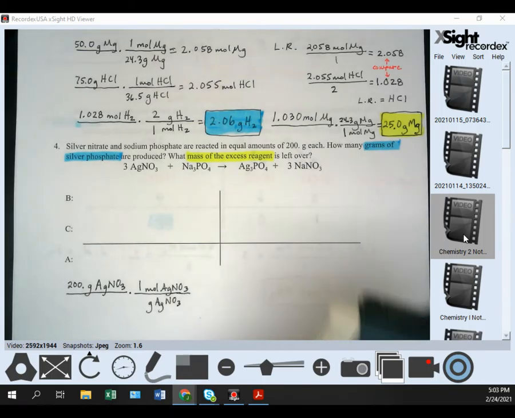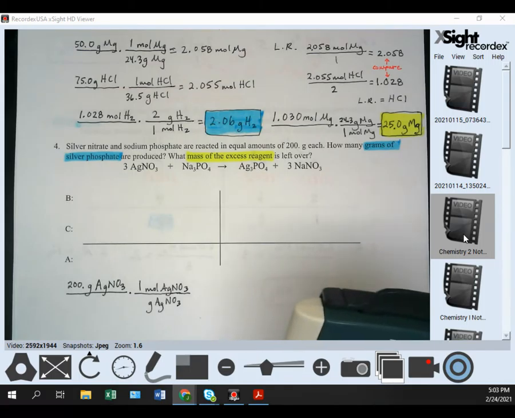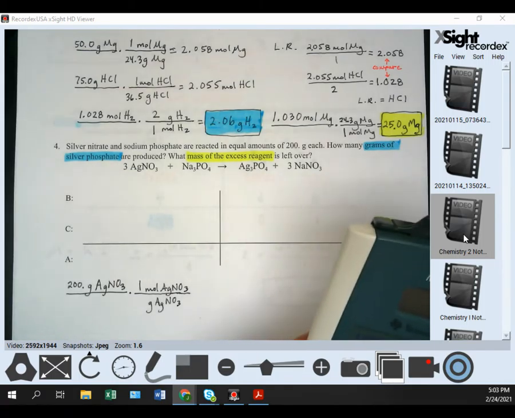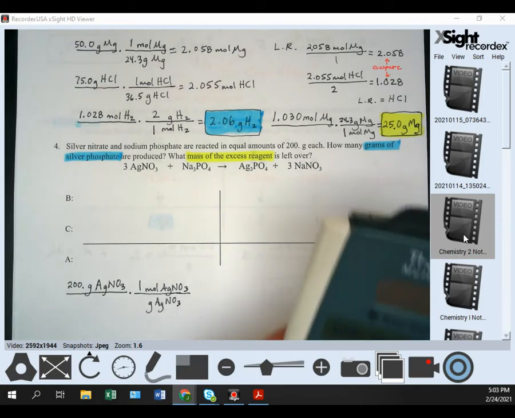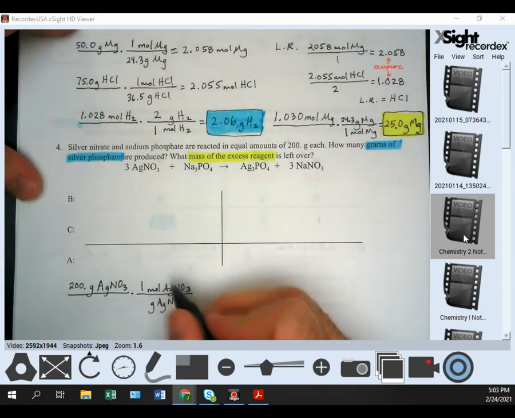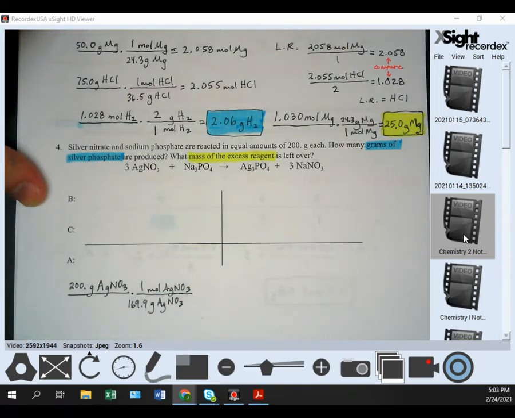Okay, so this is silver, there's one of them, so 107.9 for the silver, plus 1 times the nitrogen, which is 14, plus 3 times 16 for the oxygen. So we get 169.9 for the grams of AgNO3.